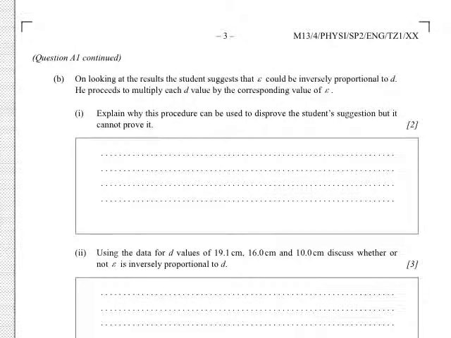Okay, so carrying on, we have now a theory which suggests that the EMF could be inversely proportional to D. So the student proceeds to multiply each D value by the E value. So let's have a look at why he's doing that.